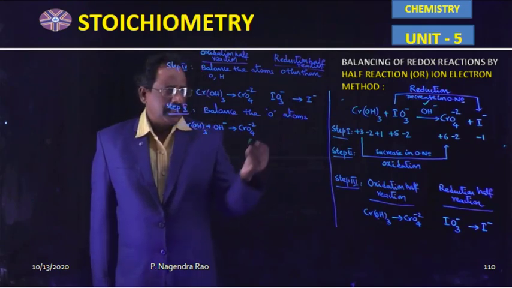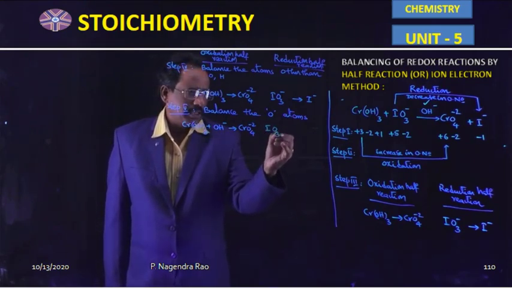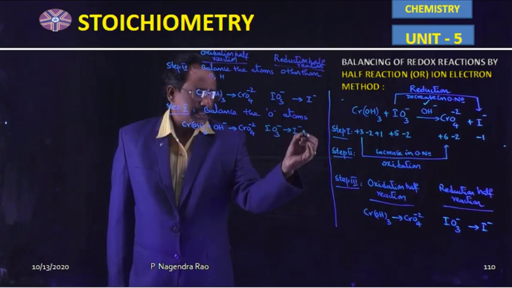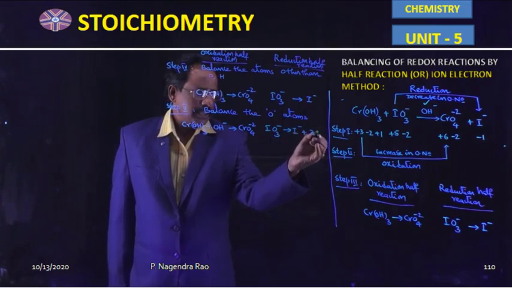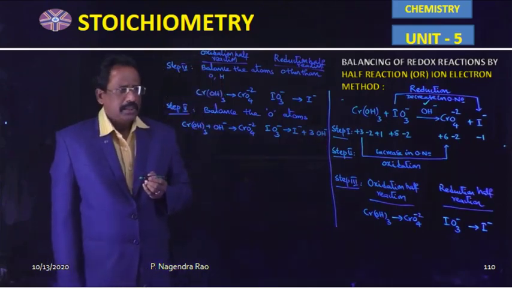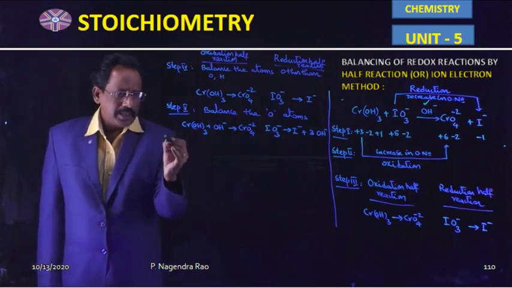In the product side there is no oxygen, that's why IO3 minus is converted into I minus plus 3 OH minus.